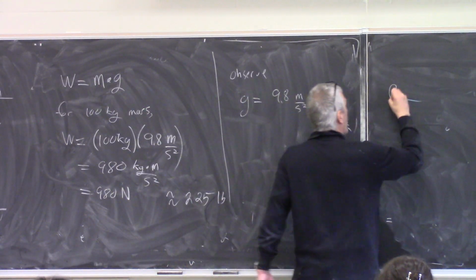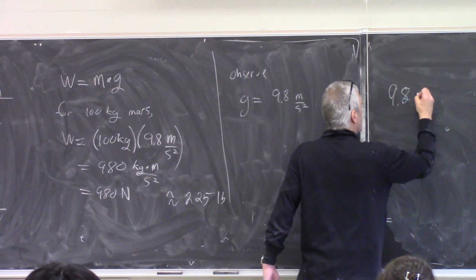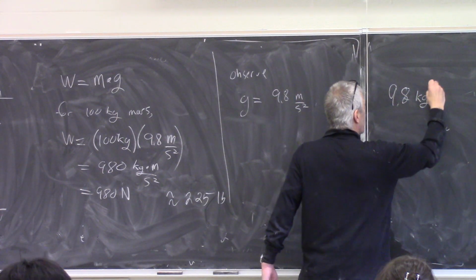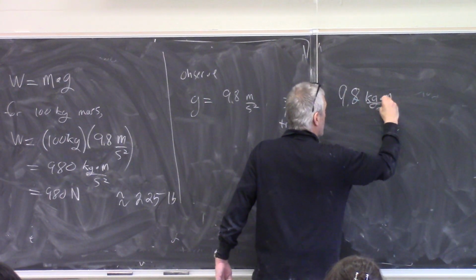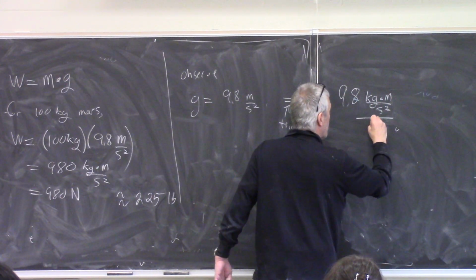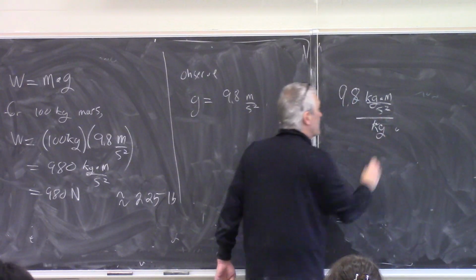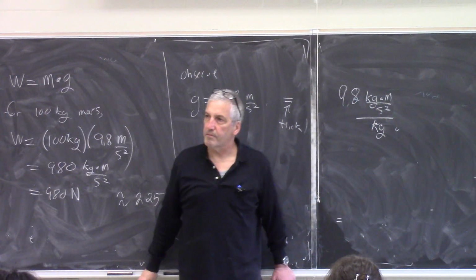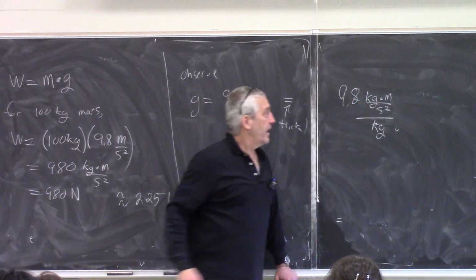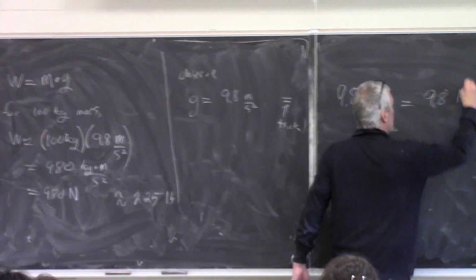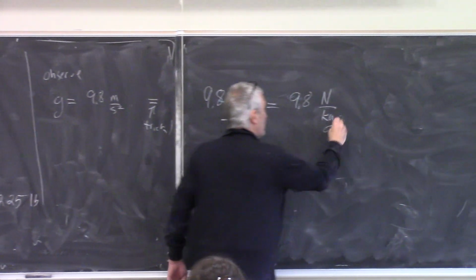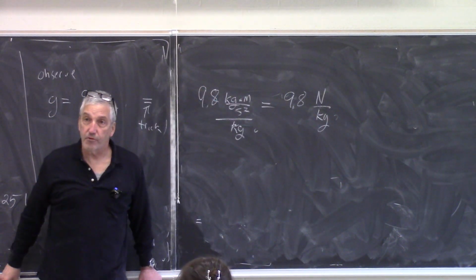This is 9.8. I'm going to put kilograms on top, and then divide by kilograms. Just multiply and divide by kilograms. Why would I want to do that? Well, because that's 9.8 newtons per kilogram. So that's actually a handy thing for g.